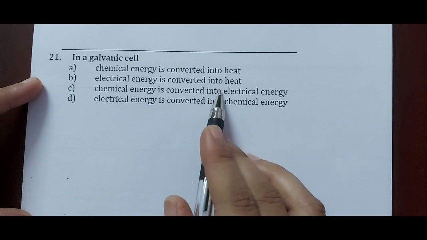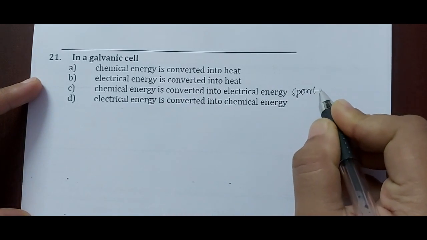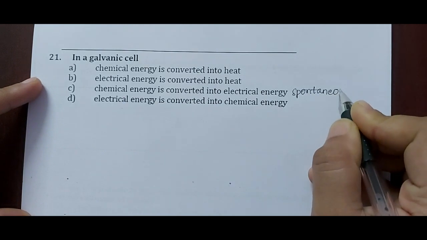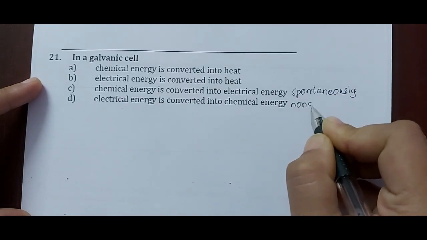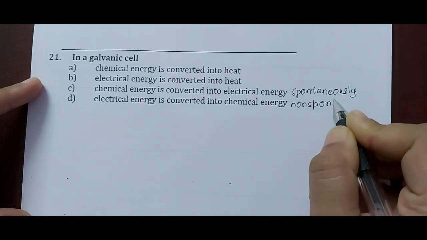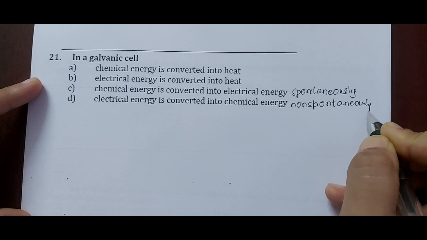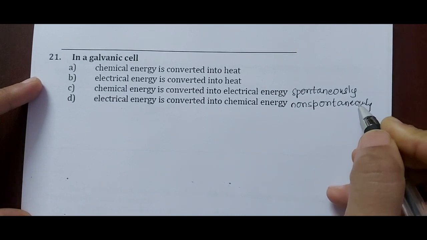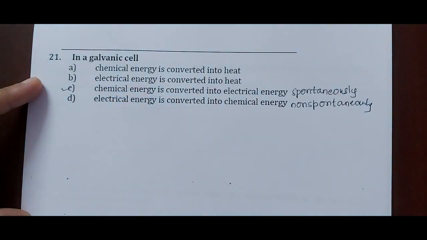When chemical energy is converted into electrical energy spontaneously, we call it a galvanic cell, and electrical energy into chemical energy non-spontaneously, we call it an electrolytic cell. So the correct option for this question is option C, where chemical energy is converted into electrical energy.